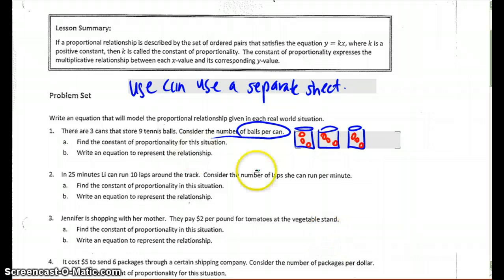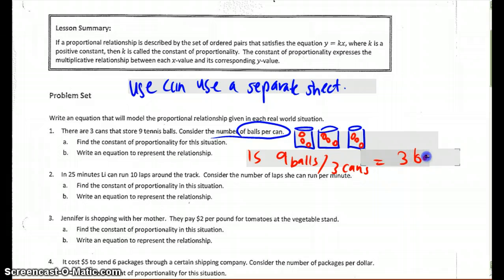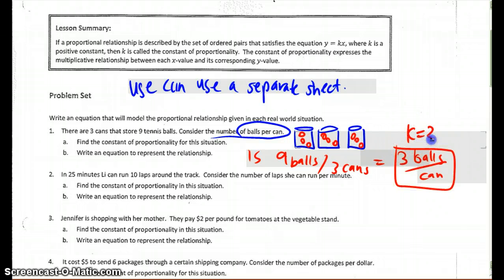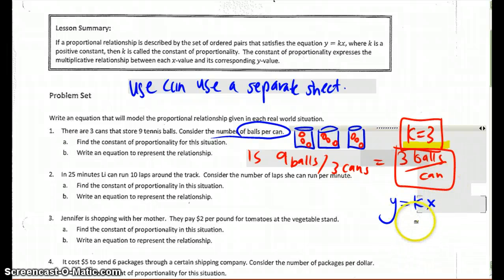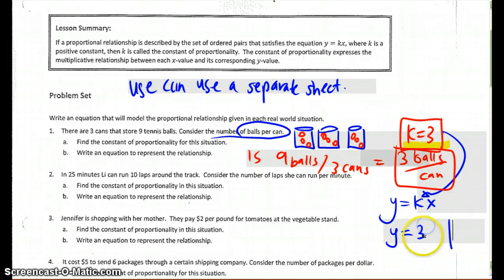So the constant of proportionality is the 9 balls divided by the 3 cans, which means that there's 3 balls per can. Okay, that's our constant. And since our k is 3, our equation is going to be y equals kx. Our k is the 3, so if we plug that in, y is equal to 3x.